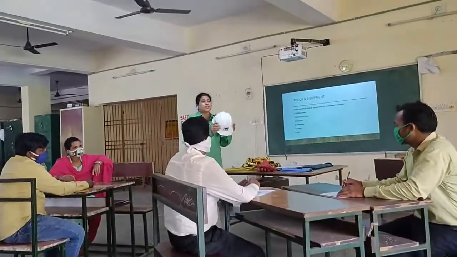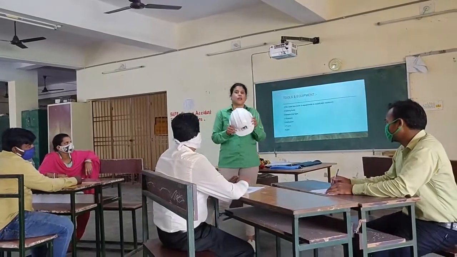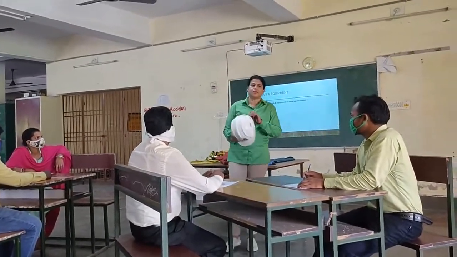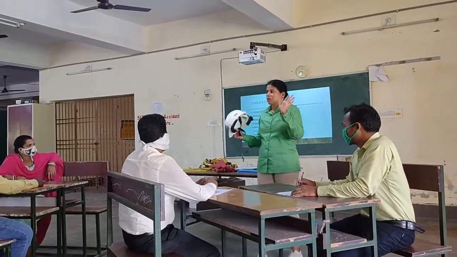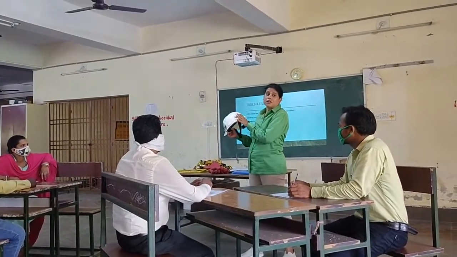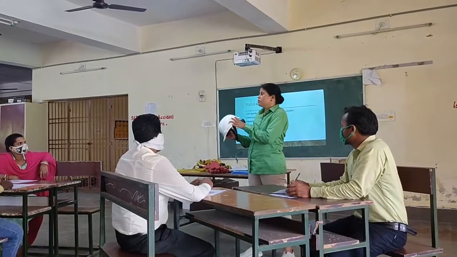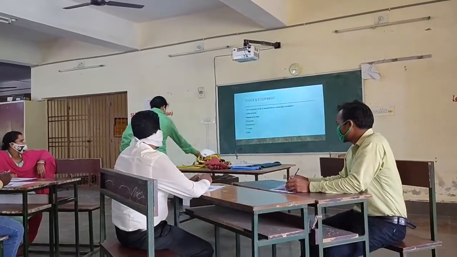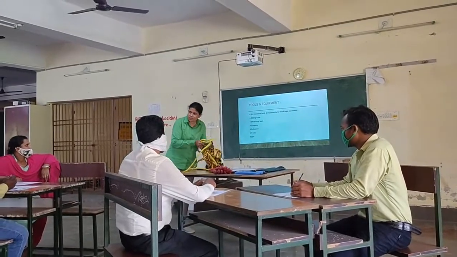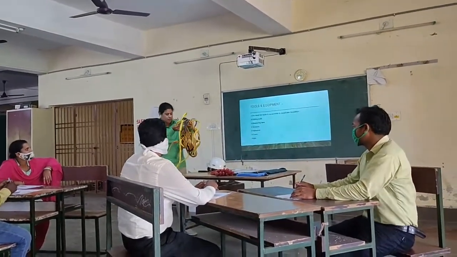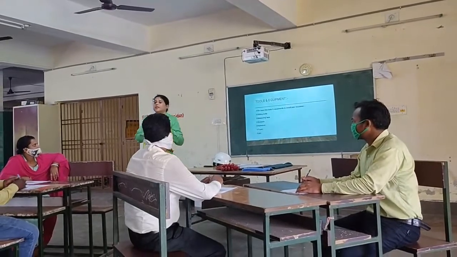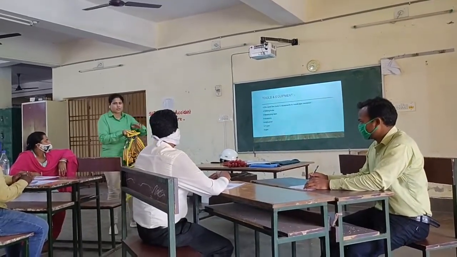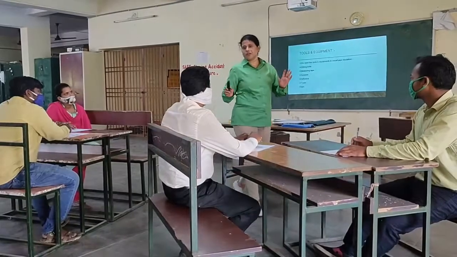This is a safety helmet. We use this safety helmet when working under concrete or any other hazard. And who can say what this is? This is a safety belt. When we are working in high-rise buildings, we use safety belts for our safety. Thank you all, you are responding so well.